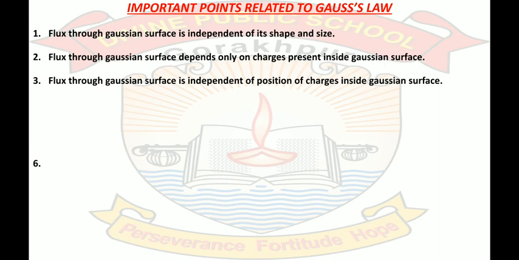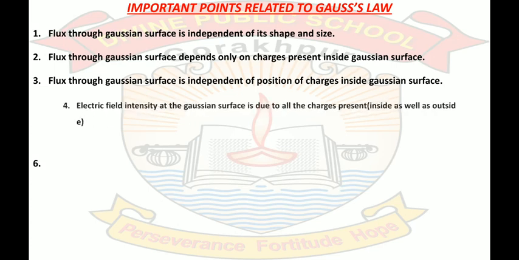It does not matter whether the charge is just inside the surface, or at the center, or somewhere very deep inside the surface. If the charge is present inside the Gaussian surface, then flux will be the same irrespective of the position of the charge.